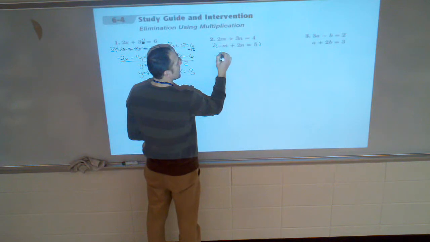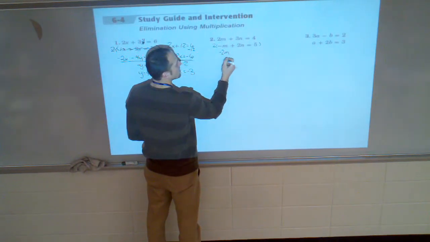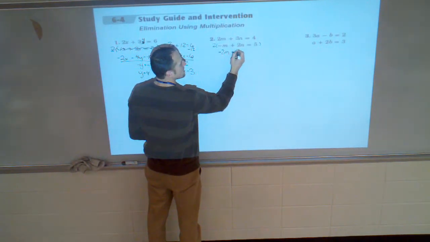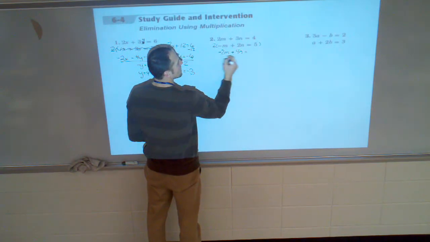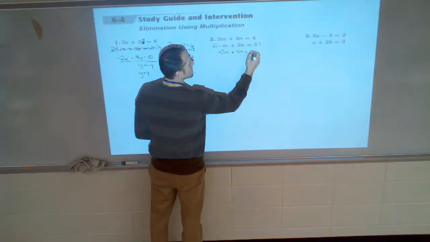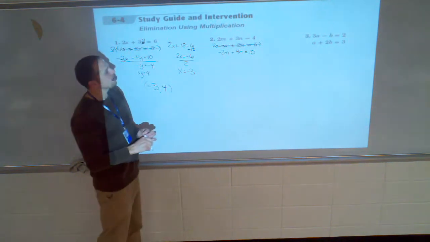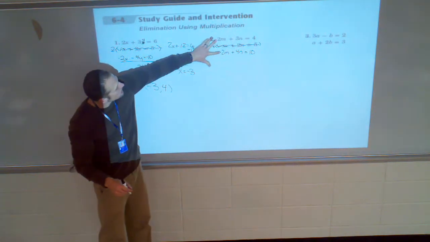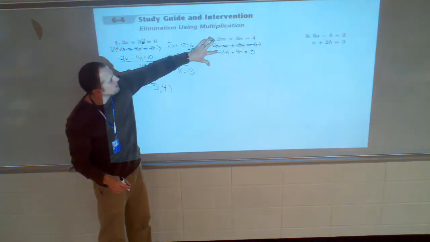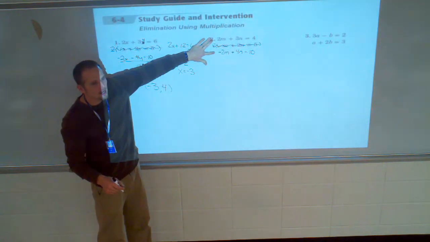So this will be negative 2m. This will be positive 4n. And this will be 10. Now, my m's will eliminate because the numbers are the same. The signs are opposite already, so I'm ready to go.